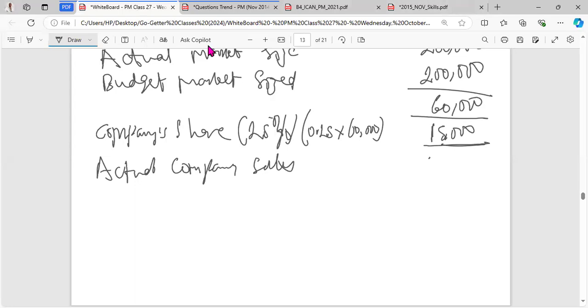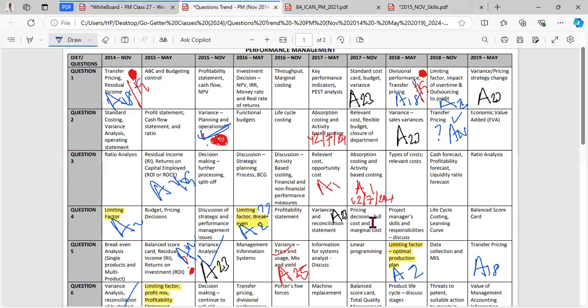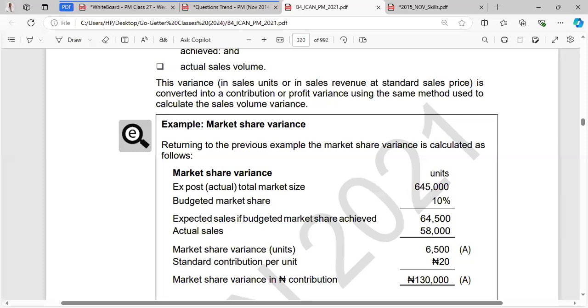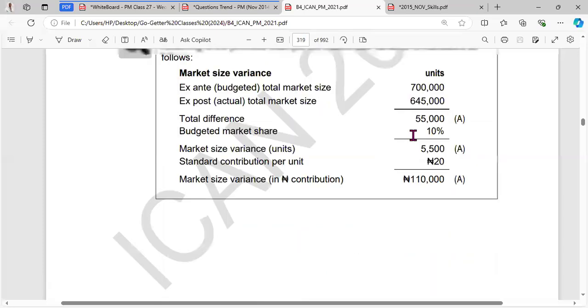No, that is not how it's supposed to be. Just a moment. Okay, this market share, market size.